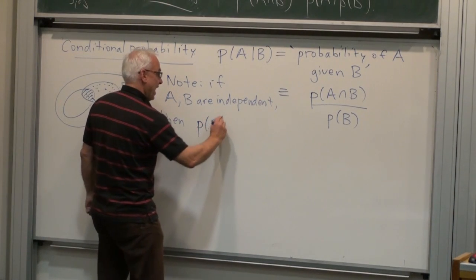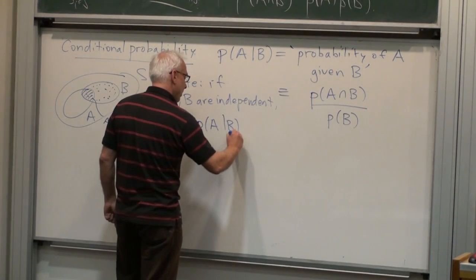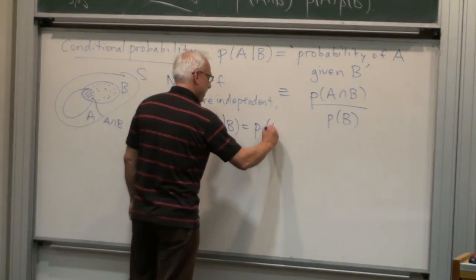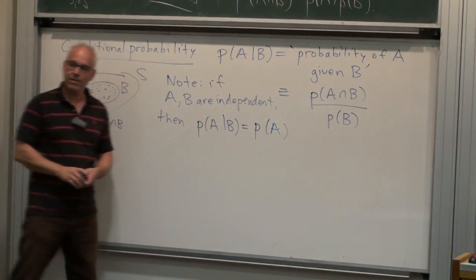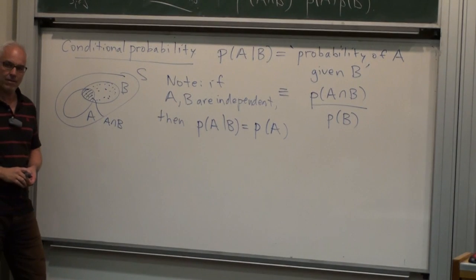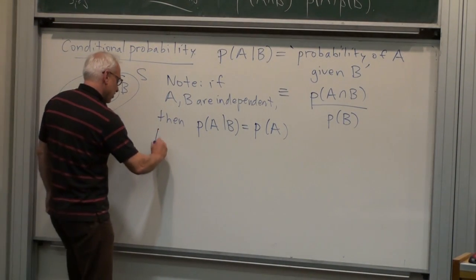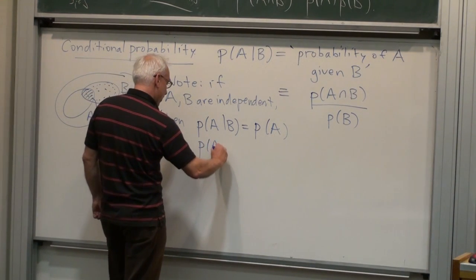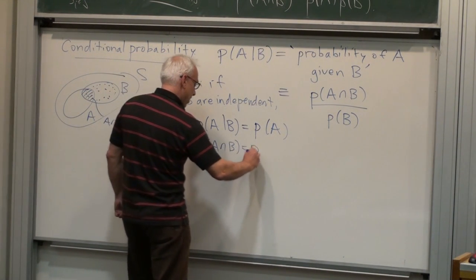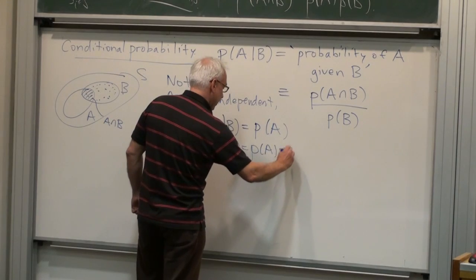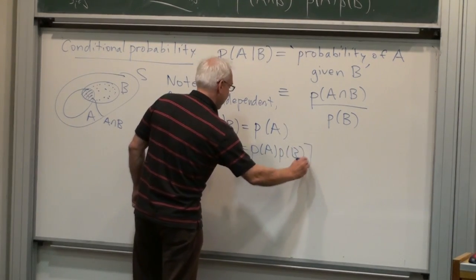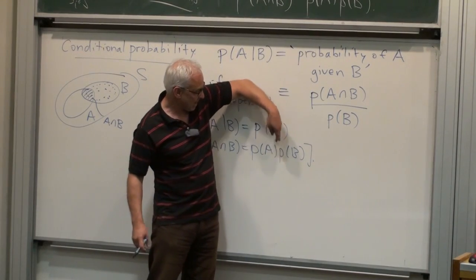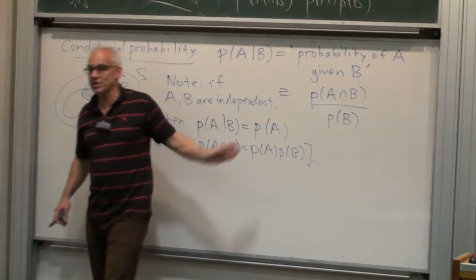The probability of A given B becomes just the probability of A. Why? Well, it's simply a consequence of the fact that independence means that the probability of A intersect B is the probability of A times the probability of B. And then if we replace the numerator here with the probability of A times the probability of B, then we cancel, we just get the probability of A.